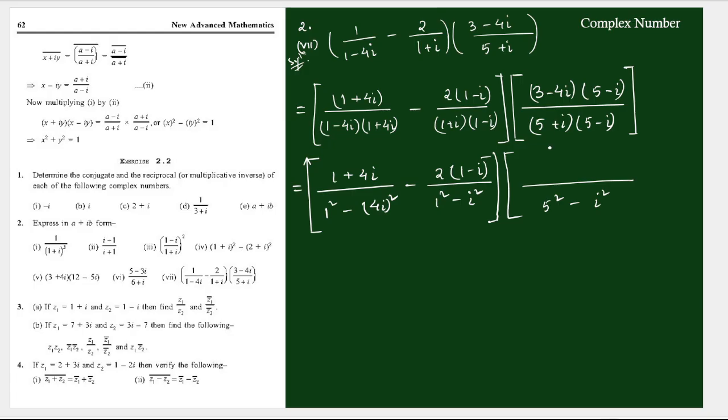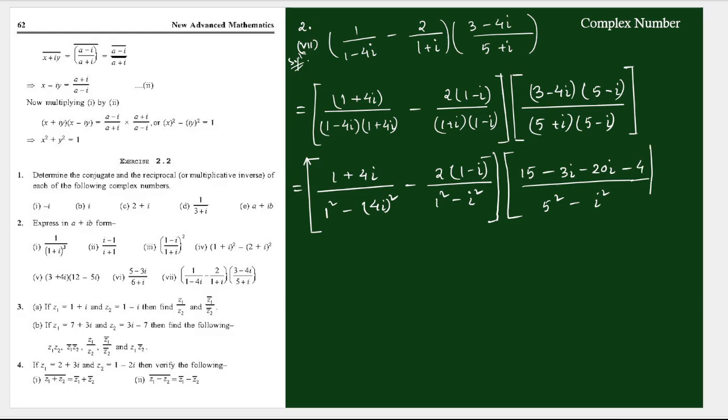We'll use this one. 3 into 5 is how much? 15, minus 3i, minus 20i, minus is plus, I into i is how much? i square is minus 1, plus into minus, so minus 4.